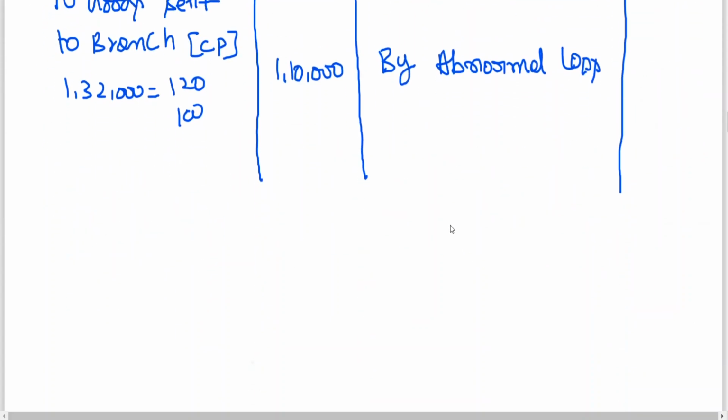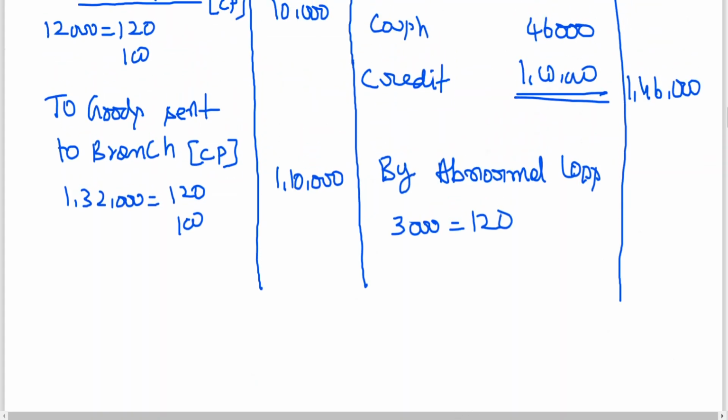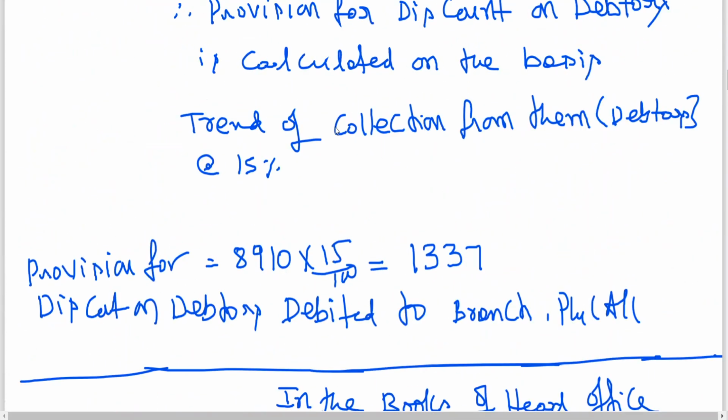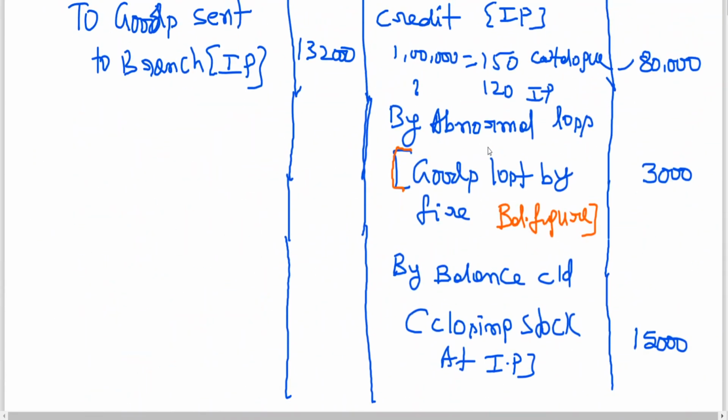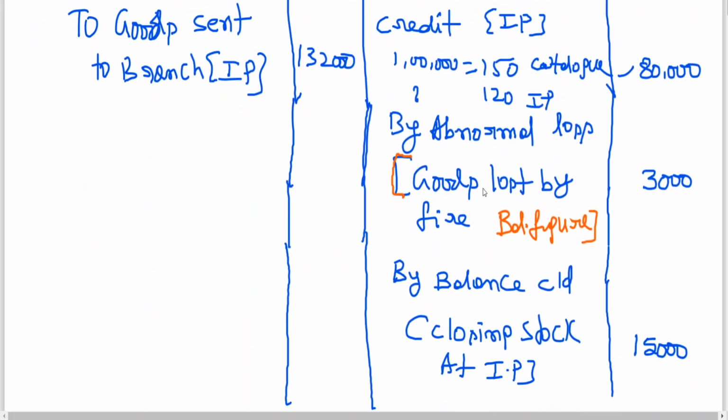Abnormal loss. This abnormal loss 3,000 is at 120%, because we have seen abnormal loss also at invoice price only.